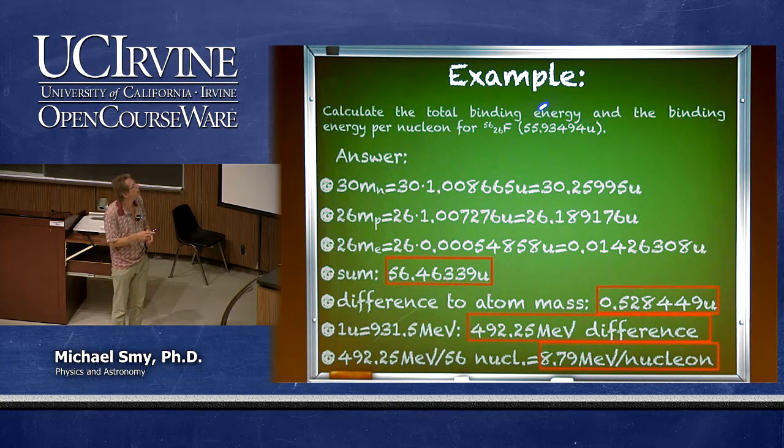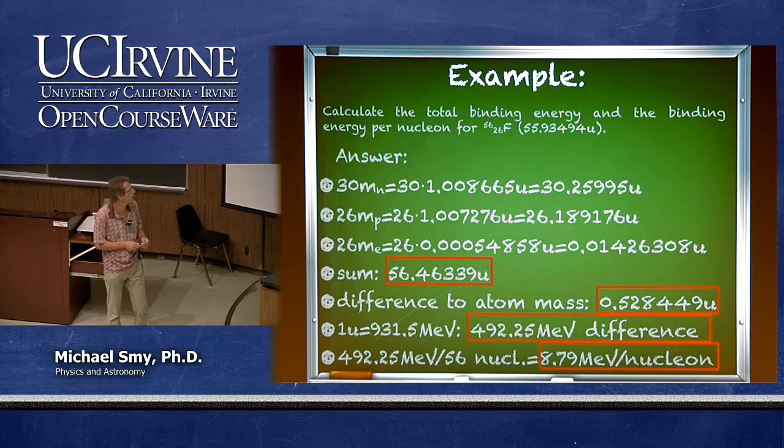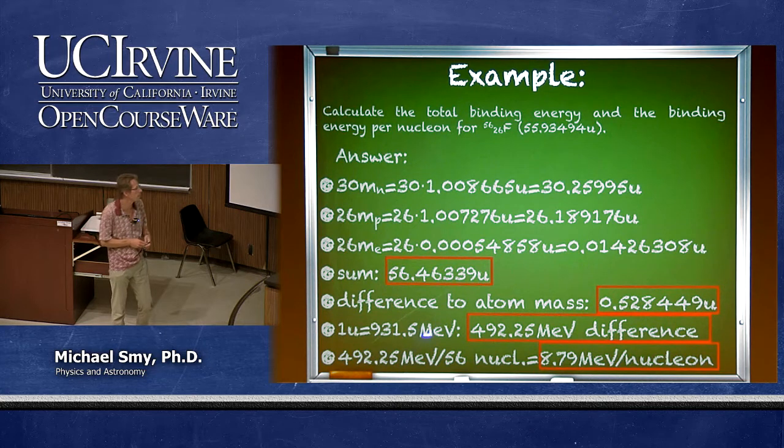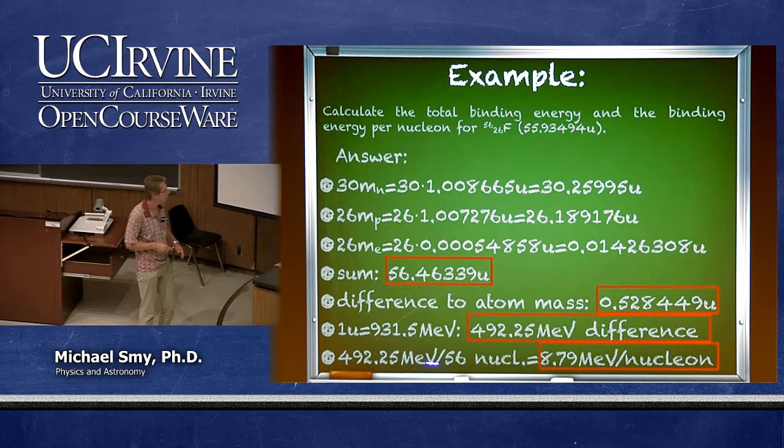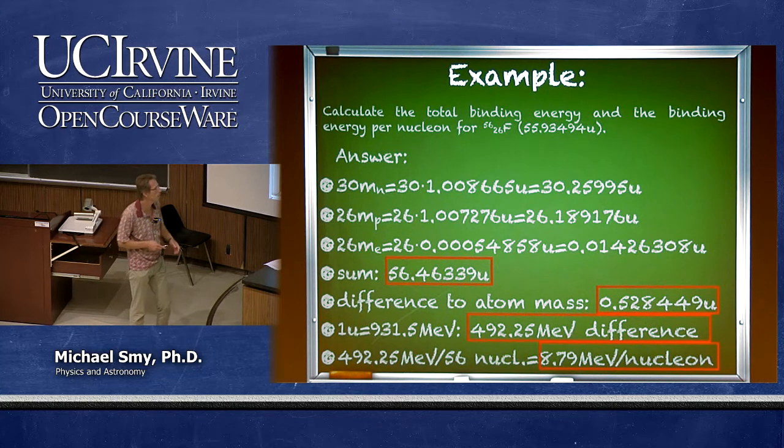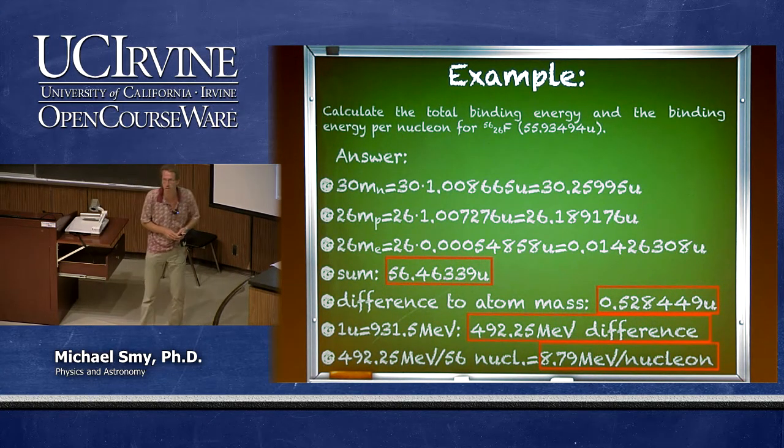And the mass of the iron atom is only 55.9349 atomic mass units. And so in this case, we have roughly half an atomic mass unit of difference to the atom mass, or 492 MeV. And that means that per nucleon, we have 8.79 MeV of binding energy.